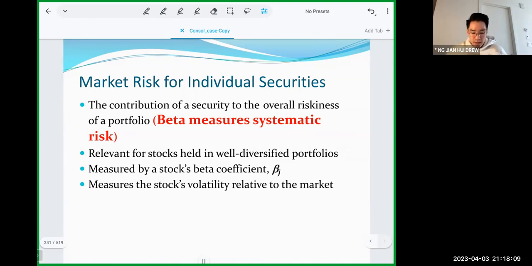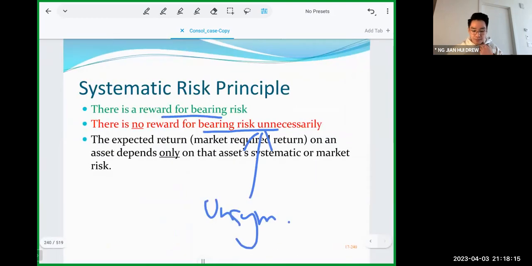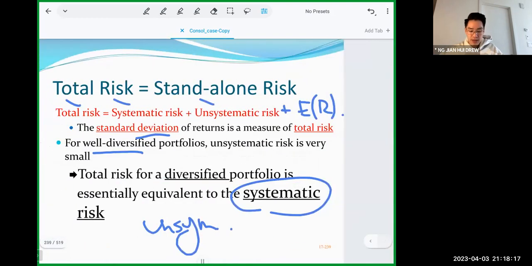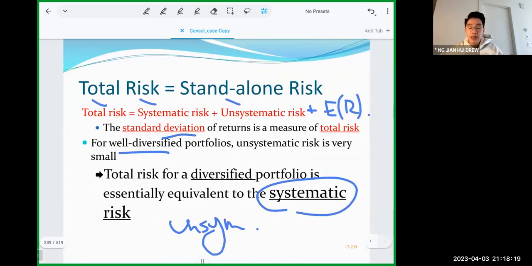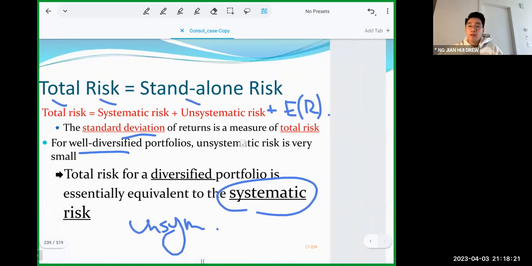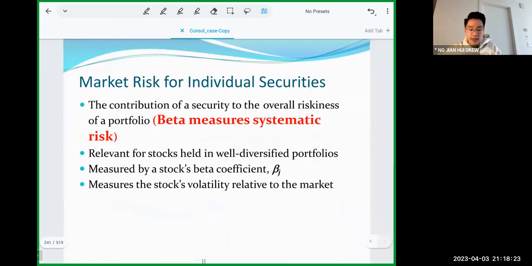So before we had the small break, we were talking about total risk, right? I'm just going to flip back: total risk is measured by standard deviation. Now, for the systematic risk, there is a special measure called beta, right? So beta measures the systematic risk.